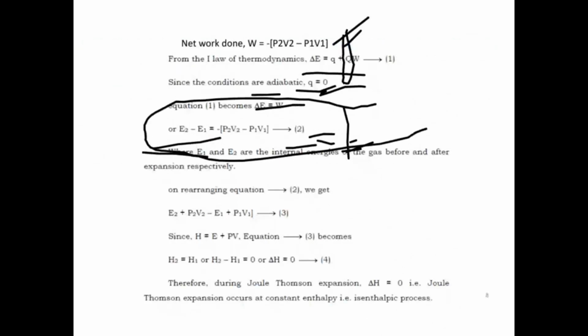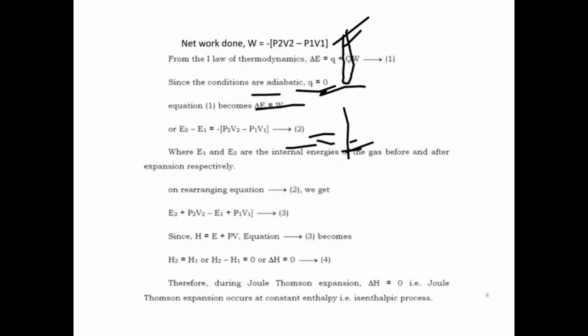E2 minus E1, that is equation 2, which can be written as minus of P2 V2 minus P1 V1, so that we can calculate the internal energy of the gas also, whatever the changes taking place.